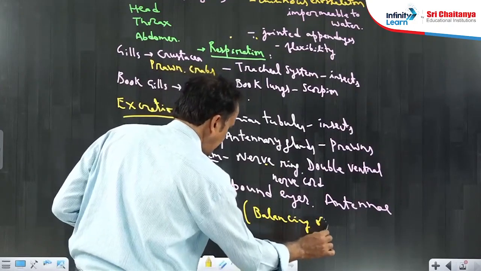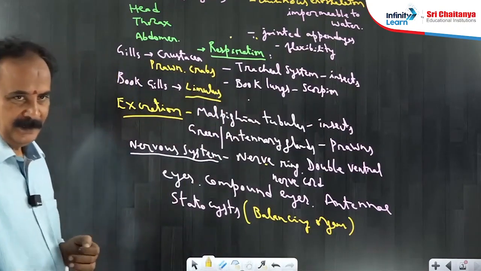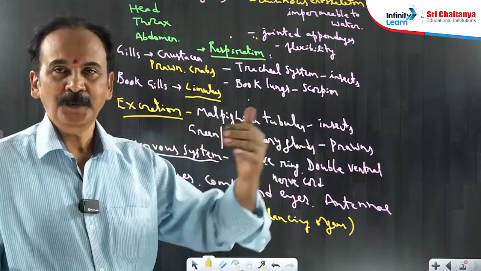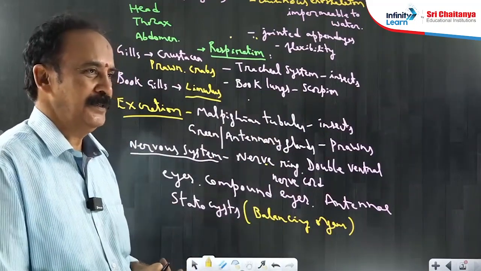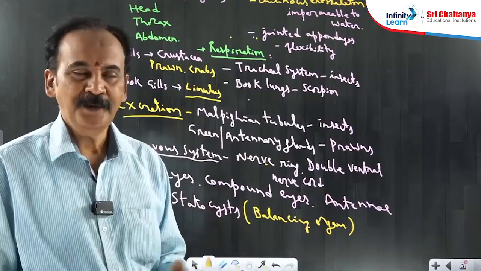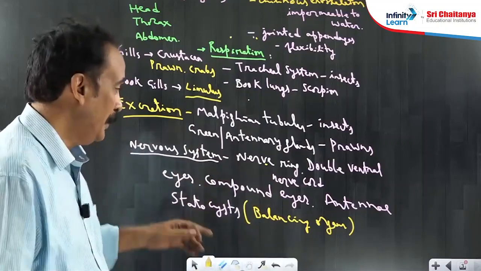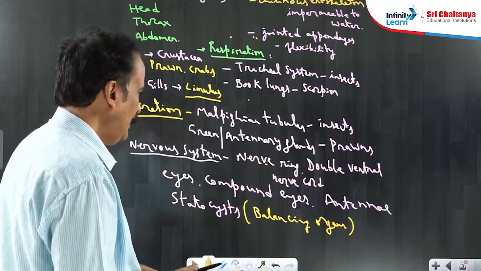You should remember this. The balancing organ, they are there right from Cnidaria onwards. In Cnidaria, as you know, they have two different forms called polyp stage and medusa stage, right? So polyp is sedentary or sessile, whereas medusa is free swimming. So medusa have these statocysts as the balancing structures. That is the nervous system.